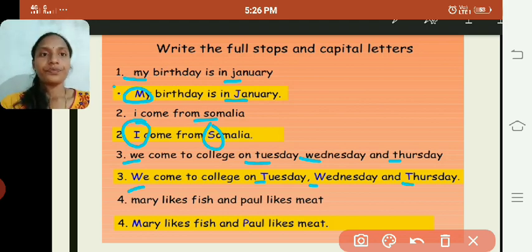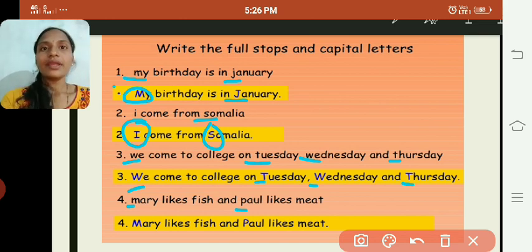Number 4, Mary likes fish and Paul likes meat. Here there are two proper nouns, Mary and Paul, so both first letters should be capital, M and P, and at last a full stop is used.